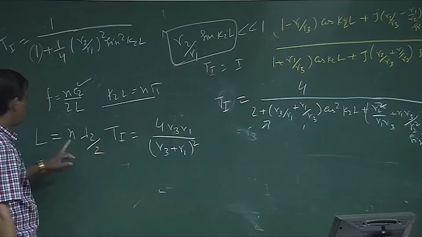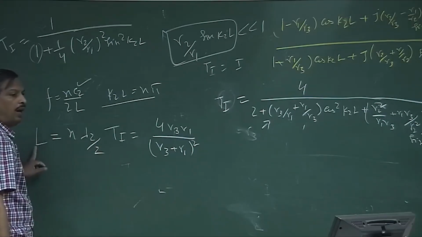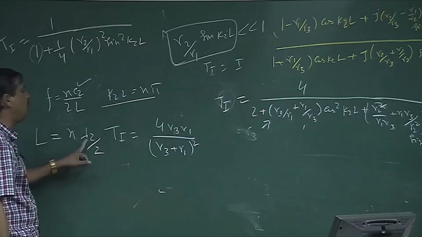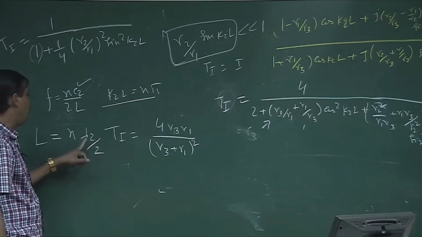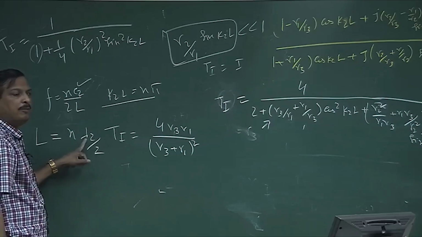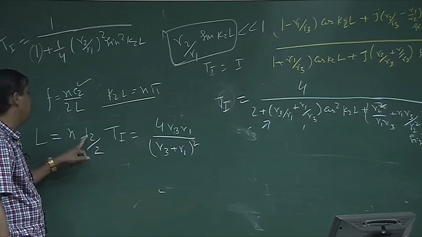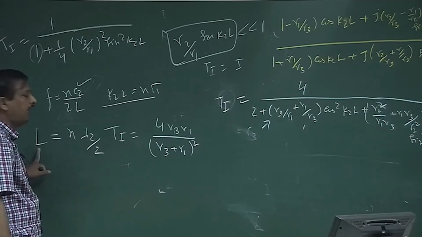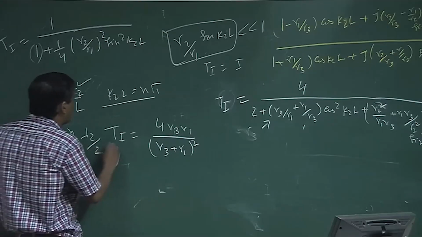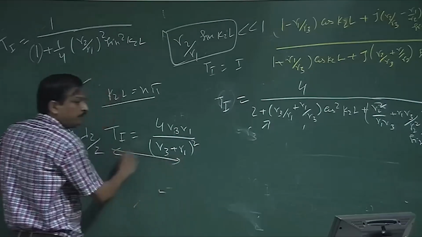So if the thickness of the wall is an integer multiple of lambda 2 by 2, meaning those frequencies whose half wavelength multiples equal L, in the case of those frequencies, the Ti will be this one.